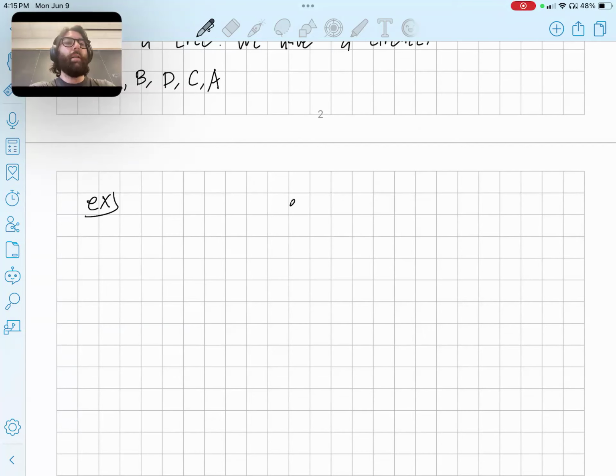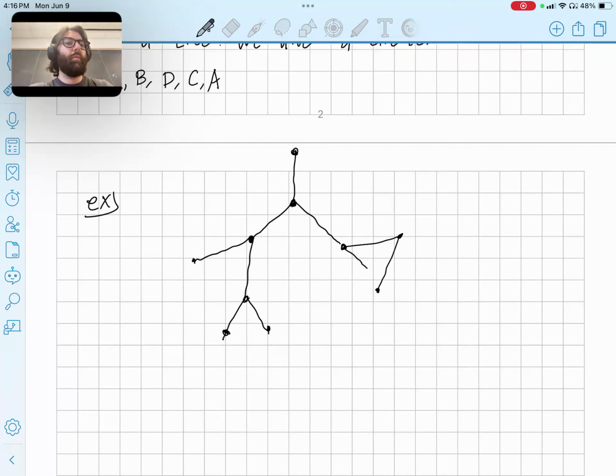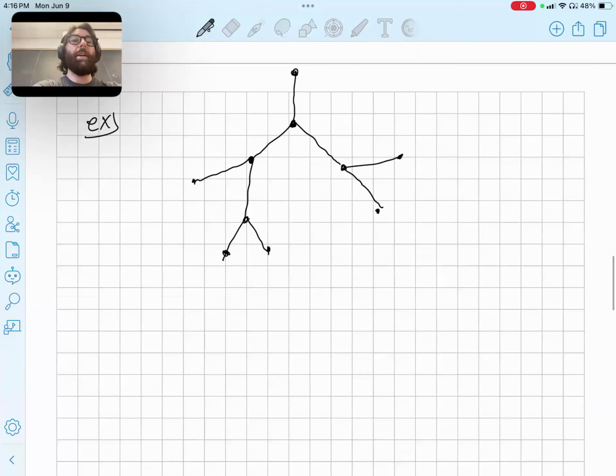Okay, now let's draw another one. For this one, because it's larger, I won't bother labeling everything. Take a second and think if you can determine if this is a tree.